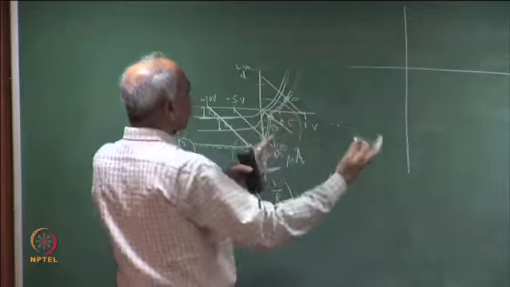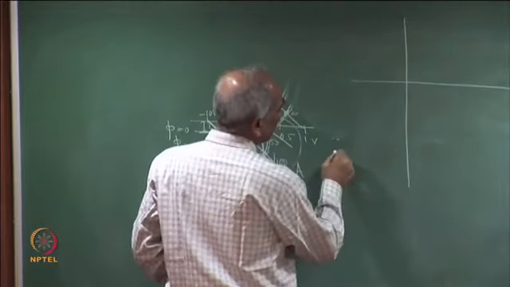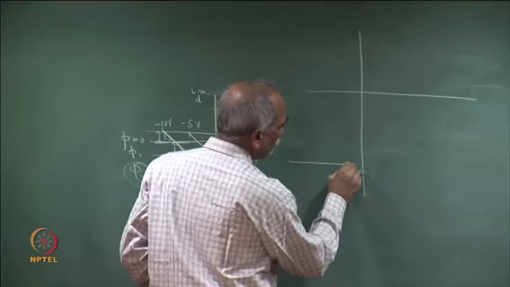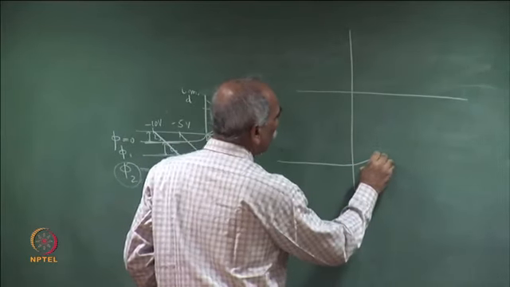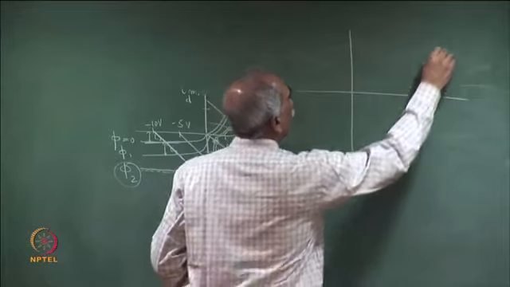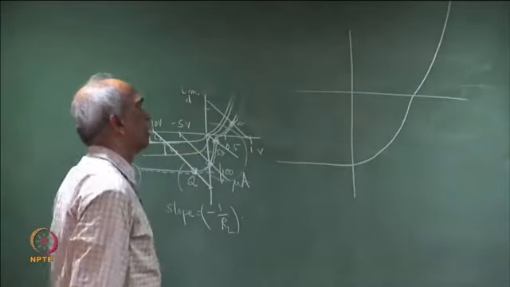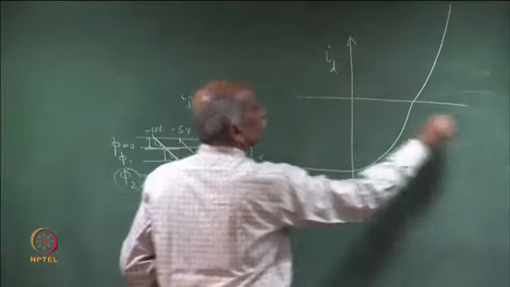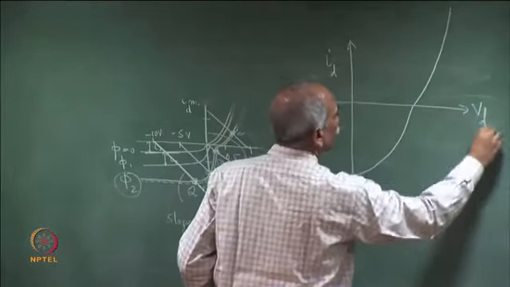It is a zoomed quadrant. So, here is the same I D and this is V D.